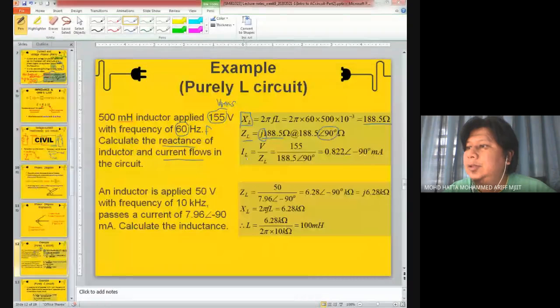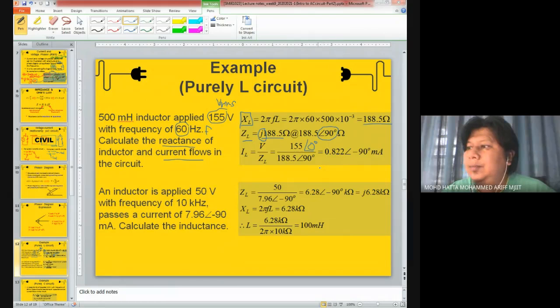If you would like to calculate the current, according to the question, we need to calculate the current. You will apply Ohm's law, where V is divided by ZL. And remember, in the question, there is no information on the angle of the voltage. You can regard the angle of the voltage as 0 degrees.